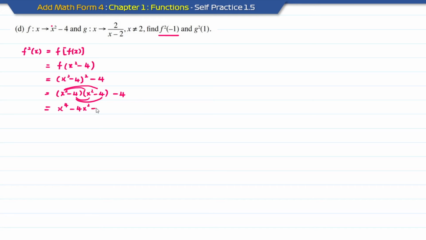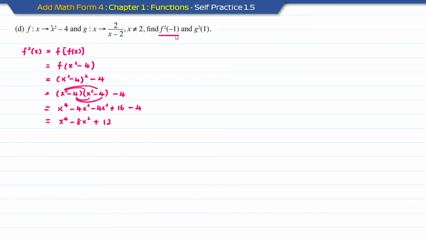This part, negative 4x squared again, plus 16, negative 4 times negative 4, positive 16, minus 4. Next we can solve for the like terms. Negative 4x squared minus 4x squared gives negative 8x squared, and plus 16 minus 4 is a positive 12. So this is the iterated function f squared.